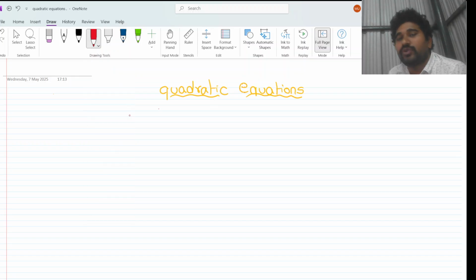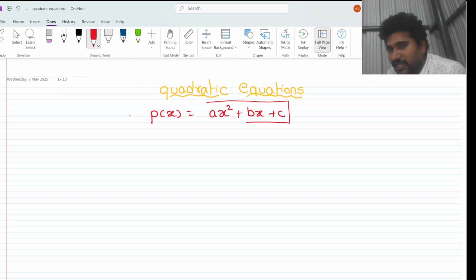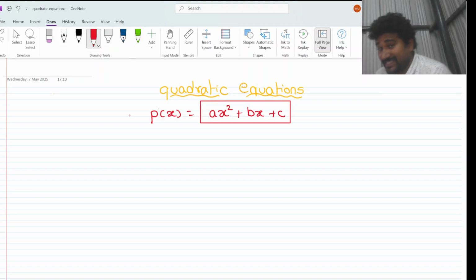If I ask you how a quadratic polynomial will be, how will you write? P of x is equal to ax square plus bx plus c. Correct? So this is your quadratic polynomial, ax square plus bx plus c.